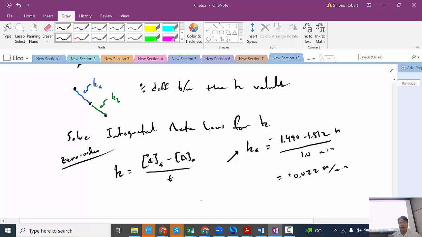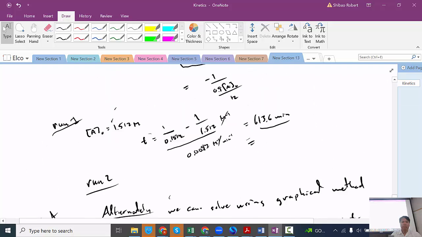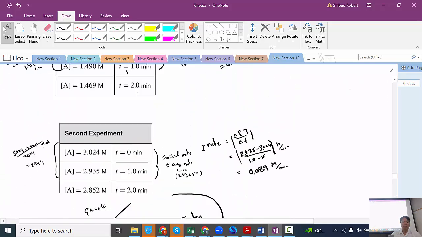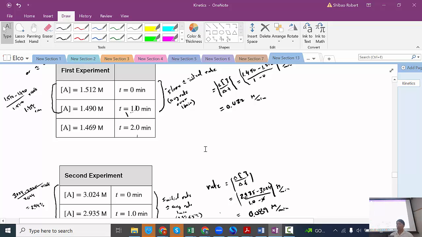The second segment, what we'll call just KB here, is going to have these 2 points. So our new initial is going to be 1.49. We're looking at the slope between these two. So 1.49 will be our new initial, and the final will be 1.469.